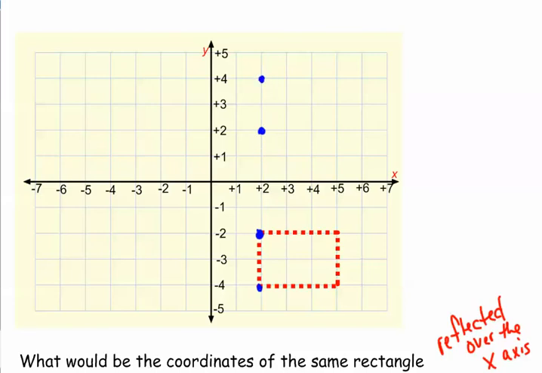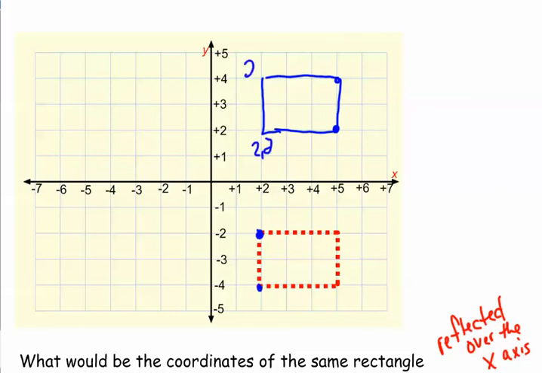And then if you notice across, they are 1, 2, 3. So again, this is 2 from the x-axis. This one was 4, so it has to be here. So that is my, oops, wow, sorry guys. That is my shape reflected across the x-axis. So this would be 2, 2.